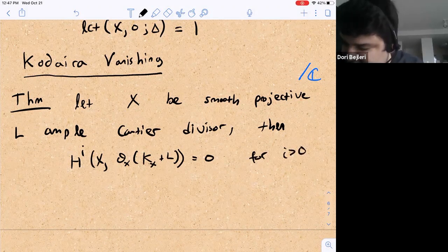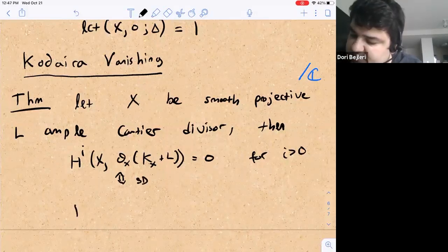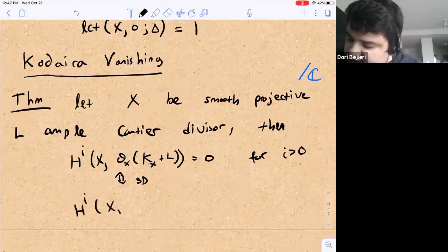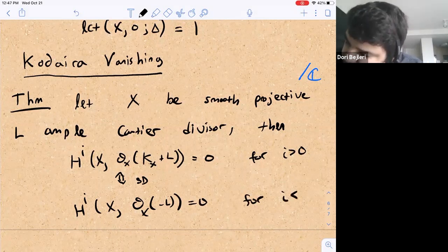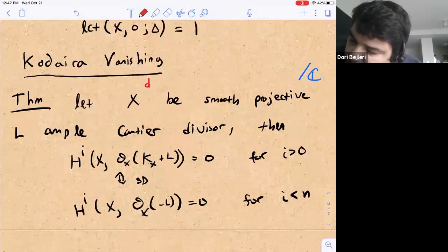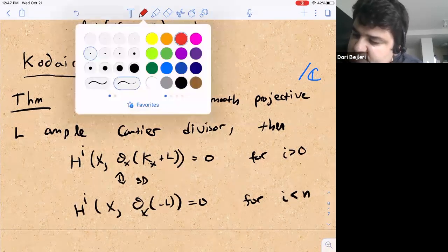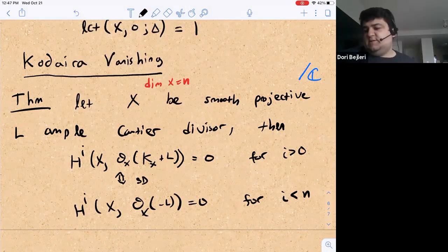Or Serre dually, we could say that the cohomology H^i of X with coefficients in O_X(-L) is 0 for i strictly less than n, where n is the dimension. So throughout all these proofs, we'll use n for the dimension of X. Okay, so that's the theorem.